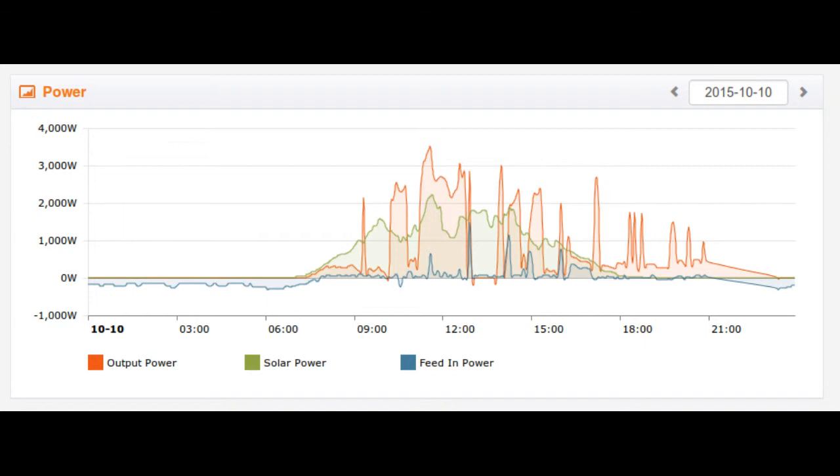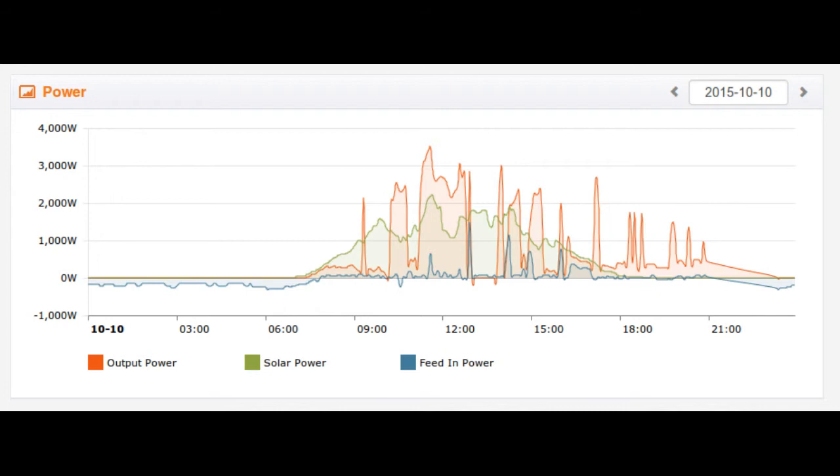But you'll notice that over the course of the whole day, we pull almost nothing from the grid, despite the fact that we've gotten all these spikes of energy usage, where the amount of energy we're using is greatly exceeding what's currently available from the solar panels, and yet we don't pull anything in from the grid. And this kind of really demonstrates the smoothing effect of having a battery.